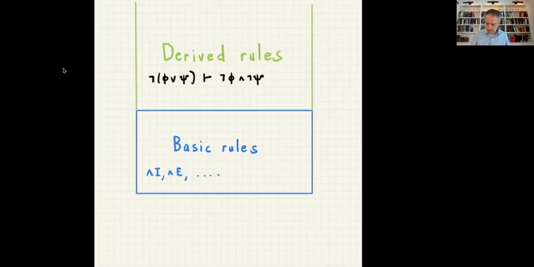Okay, so let's see how De Morgan's would work. Suppose I have not (P or Q).